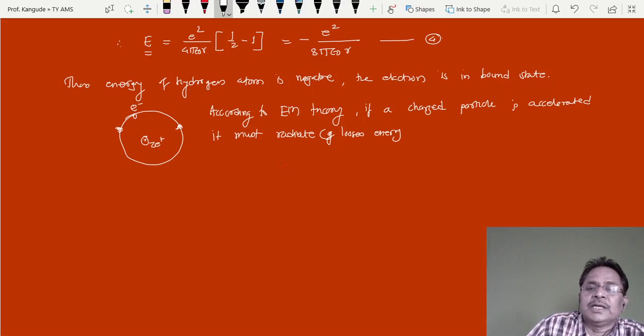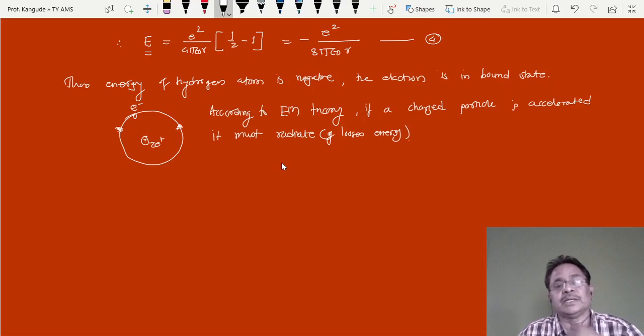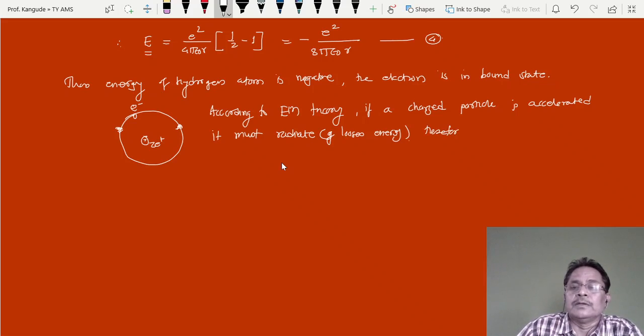Energy is radiated by such a charged particle whenever it is in an accelerated state of motion. Here in the hydrogen atom, this electron is being accelerated continuously, therefore it must lose its energy, and therefore again a problem of stability.